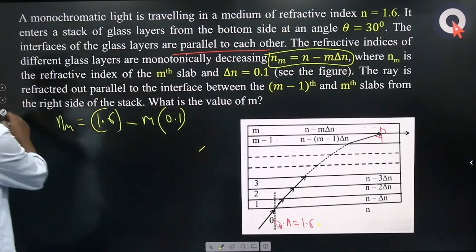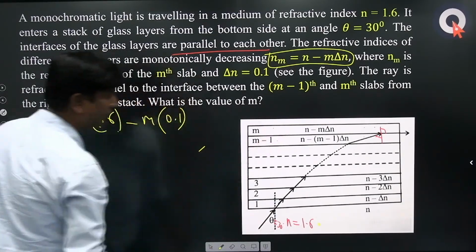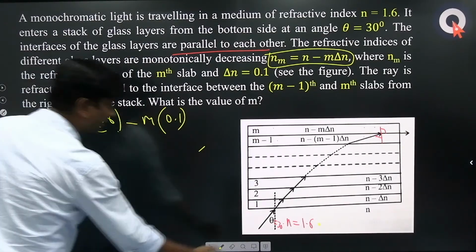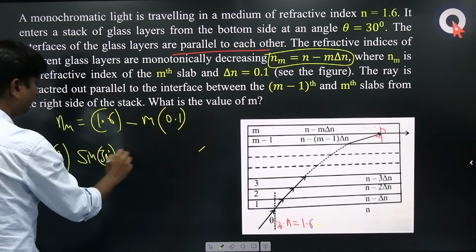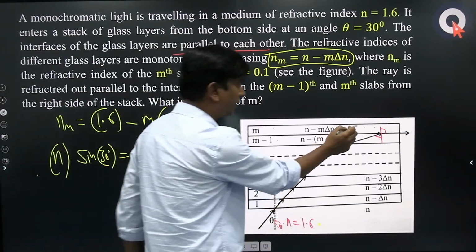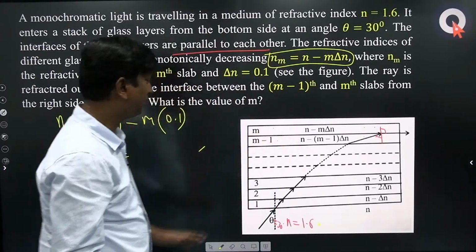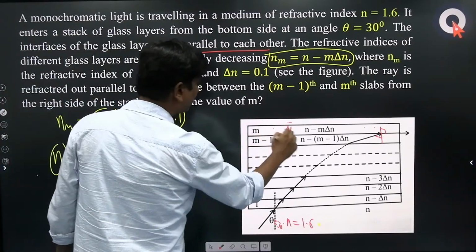So let us apply Snell's law directly here. N into sin 30 is equal to the refractive index of the mth slab, let us say nu, a new value.